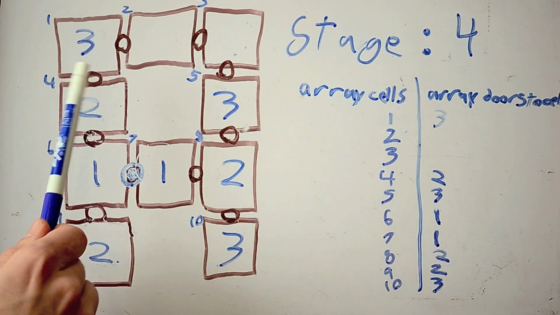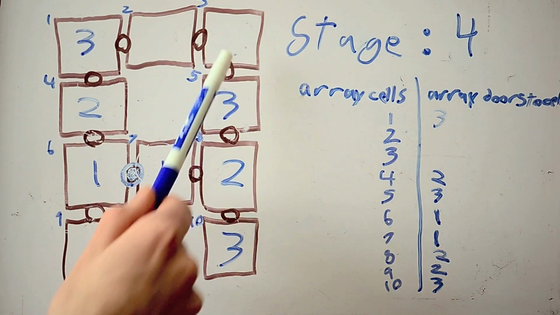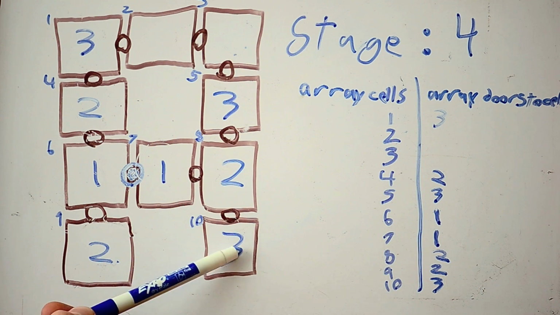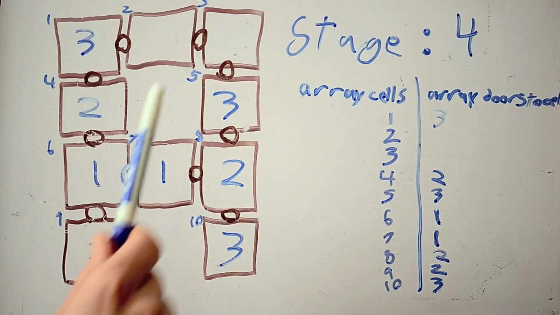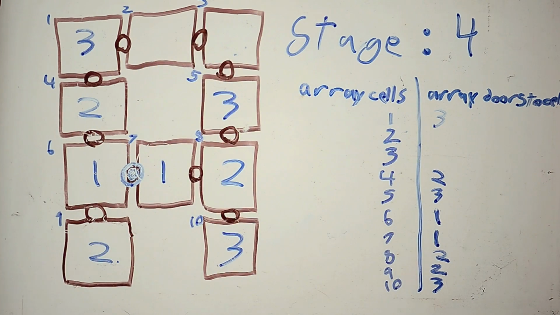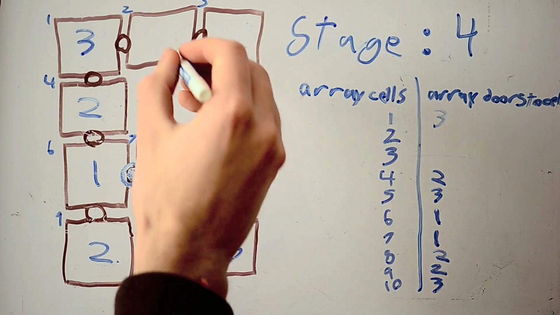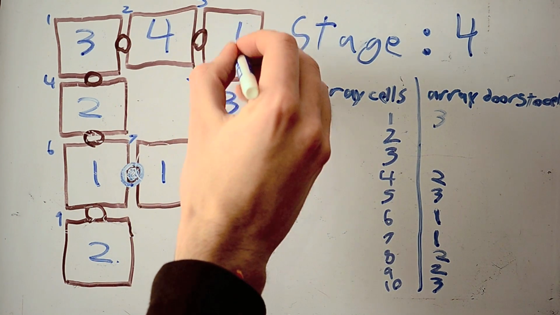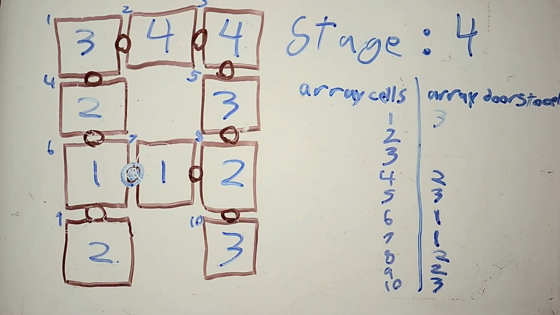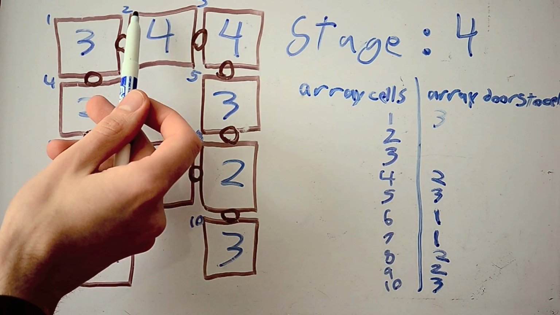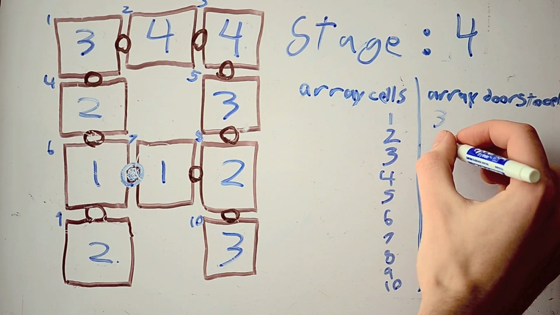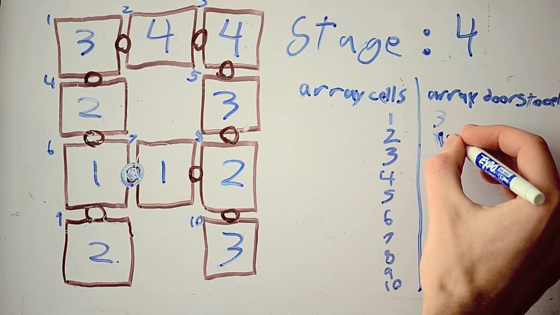So that is going to be this one, this one, this one, this one, this one, this one, and this one. And then we need to look at the ones that haven't been marked yet, which are just these two up here. And since they haven't been marked, we can assume that those are stage 4s. And those are cells 2 and 3. So let's set those up to 4.